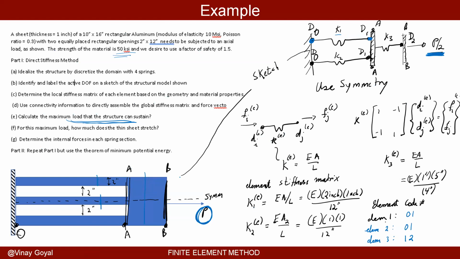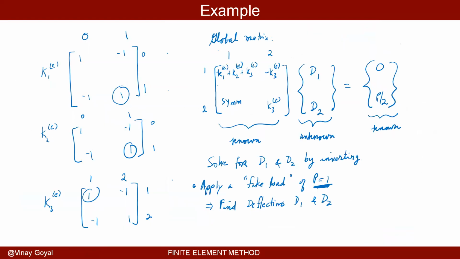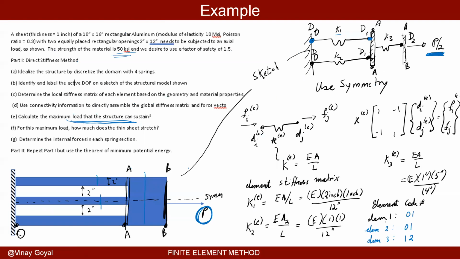Yeah, definitely. That's exactly what you mentioned before, right? So yeah, that would be the approach. So I guess we solve for D1 and D2, right? With that load of P equals 1. And how do we find the forces inside the springs? We have to use a local, this stuff. We need to get back, exactly, to the local level.